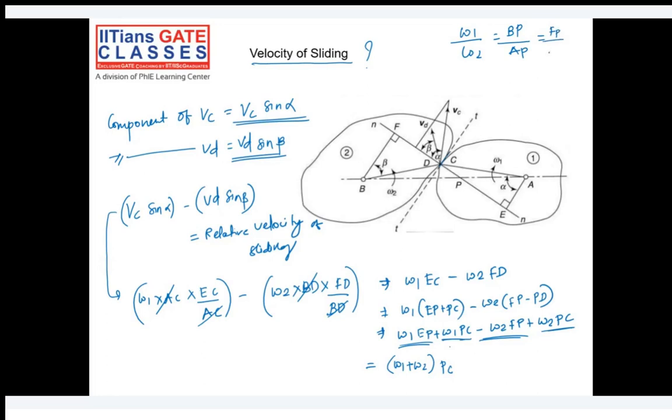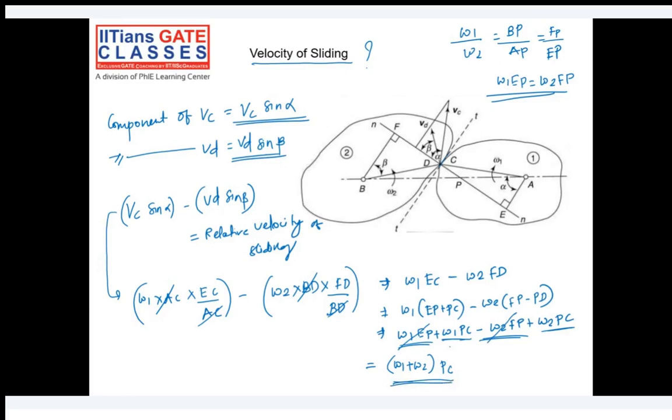So ultimately, omega 1 times EP is equal to omega 2 times FP. Can we write it like this? Yes, right. Both are the same, so they cancel out with each other, and we end up with omega 1 plus omega 2 times PC.